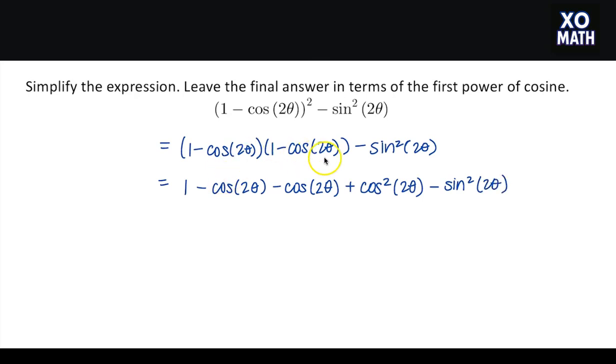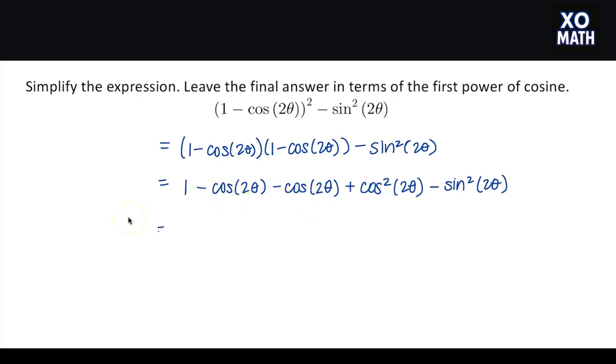So I want us to notice here that our expression has so far two terms that have a trig function to a power of 2. So cosine squared 2 theta, sine squared 2 theta. Our goal is to leave the final answer in terms of the first power of cosine. So I do have two terms that are to the first power of cosine, and they can in fact be combined together.